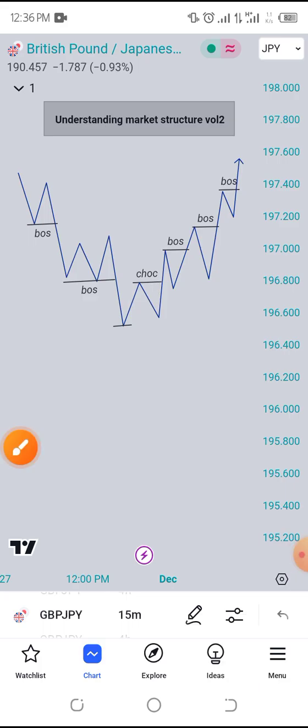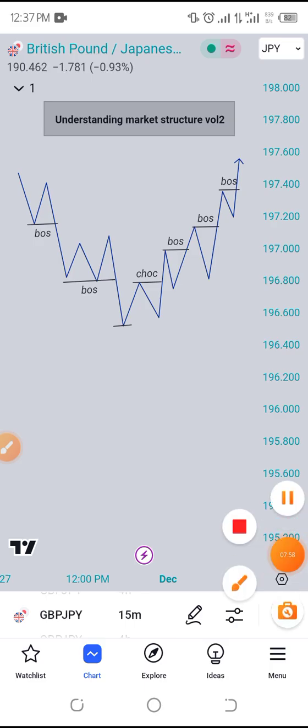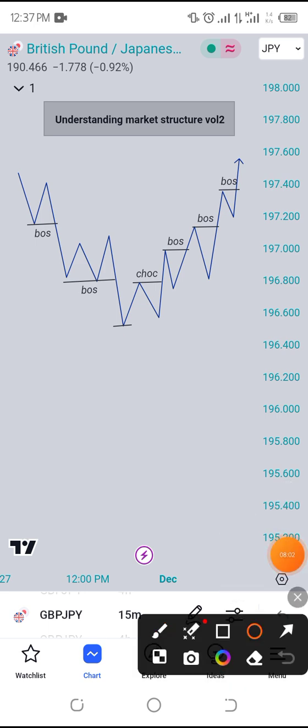Now, for those of you that know candle chart patterns, you can as well say that once you see market forming a double bottom or double top, it's one chart pattern that shows you there's a likelihood that the market wants to change trend. So this clear chart pattern that you see right here is clearly known as your double bottom.